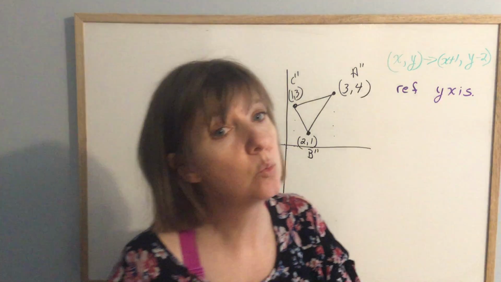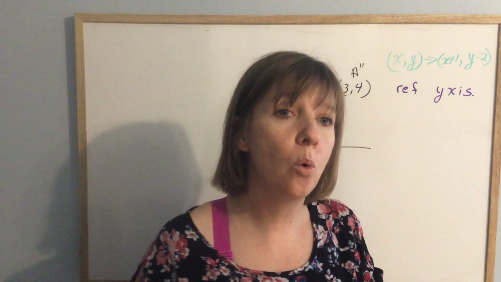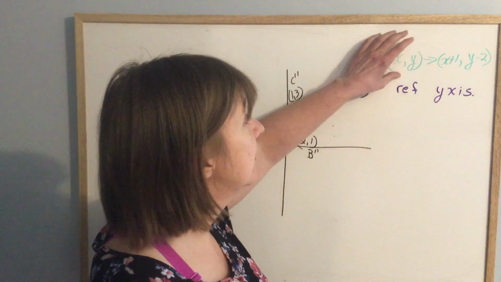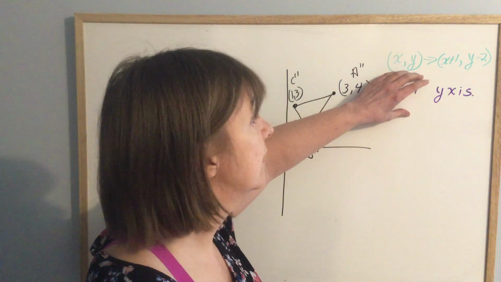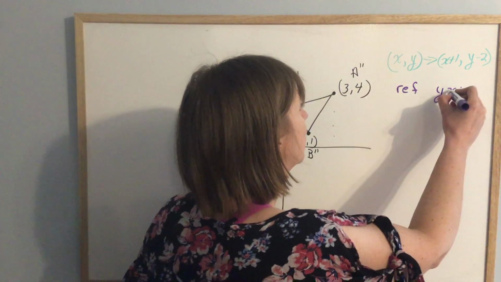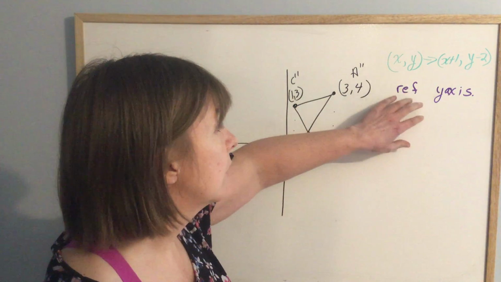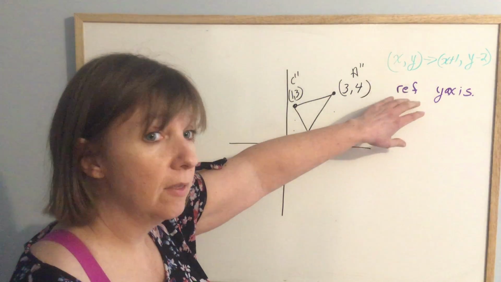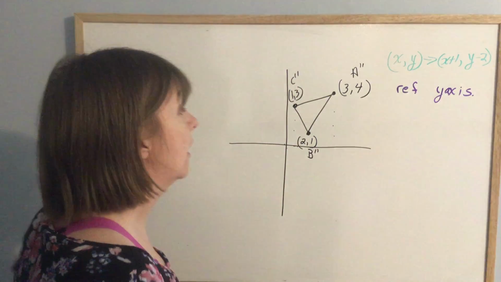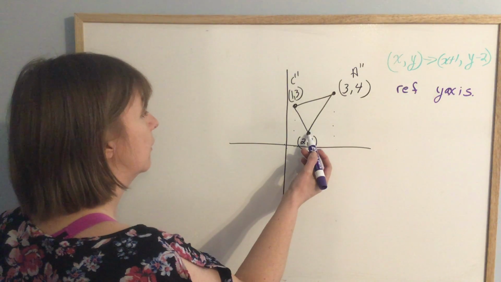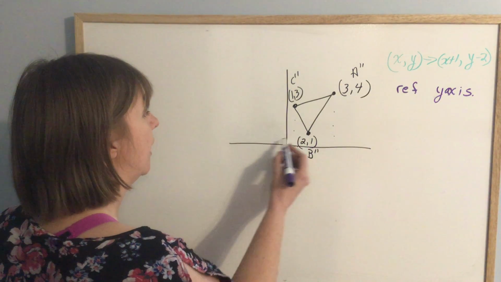So you actually have to work backwards. So order makes a difference here. So they said, we did this, then we did this, and we ended up with this. So if I'm going to work backwards, the first thing I'm going to do is actually this. I'm going to reflect it in the y-axis. So if I reflect it in the y-axis, I'm going to change my x's.